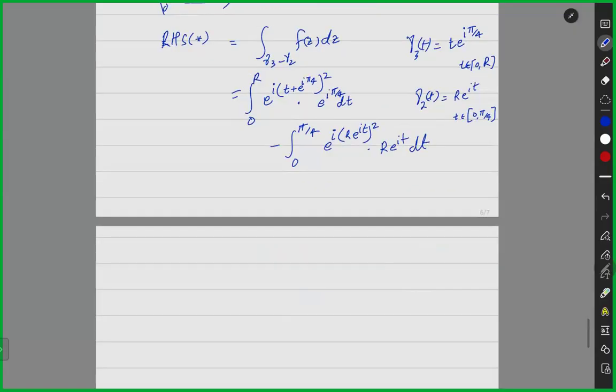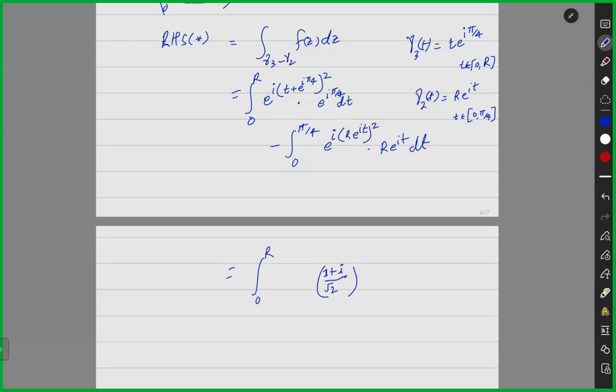Now we can calculate further. So e power I pi by 4 is 1 plus I by root 2, because sine pi by 4 plus I cos pi by 4, which is again 1 by root 2. So 1 plus I by root 2. And 0 to r as it is, e power I t square, we can solve it further.